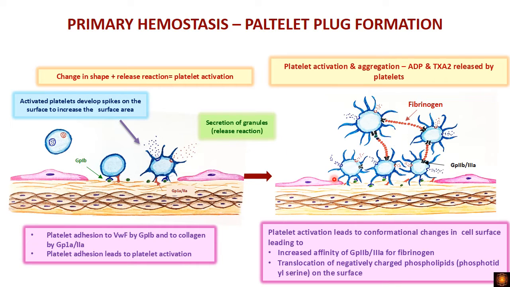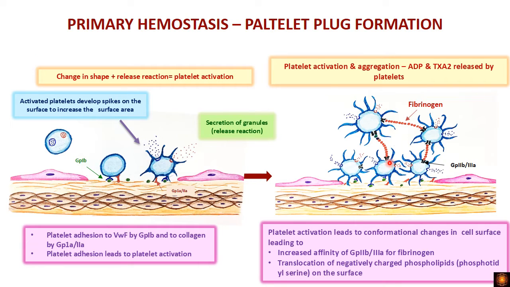Once the platelets get activated, there will be some conformational change on the surface also. Normally the platelets have the GP2b/3a molecule on the surface, but when the conformational change occurs due to the activation of the platelets, the affinity of these GP2b/3a molecules for fibrinogen will increase.